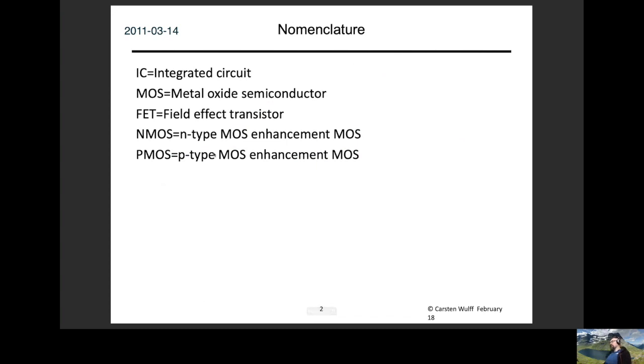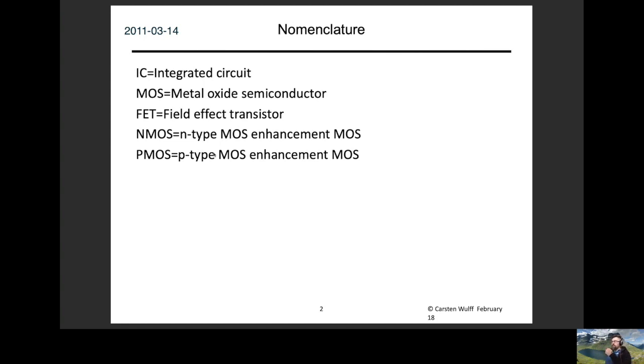Anyway, a couple of words. IC, integrated circuit, basically wherever you put multiple circuit components on the same chip, like transistors, resistors, inductors, diodes. MOS, metal oxide semiconductor, basically just a stack of metal and then oxide and then the semiconductor for the gate, I believe.